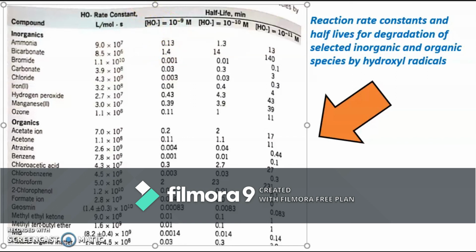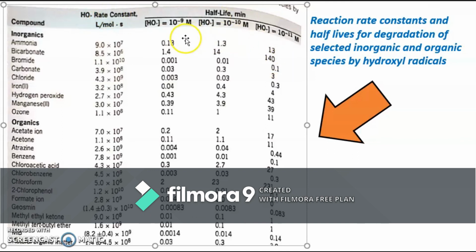So if we have concentration of hydroxyl radicals as 10 to the minus 9 molar, the half-life would be only 0.13 minutes. But when we have lower concentration of hydroxyl radicals, 10 to the minus 11 molar, we need to have 13 minutes to reach the half-life for ammonia destruction by hydroxyl radicals.